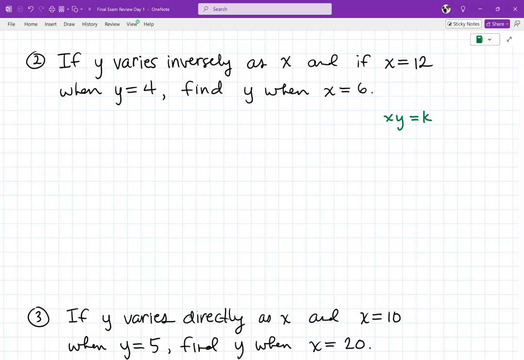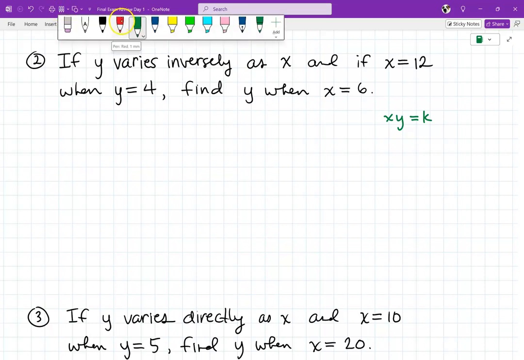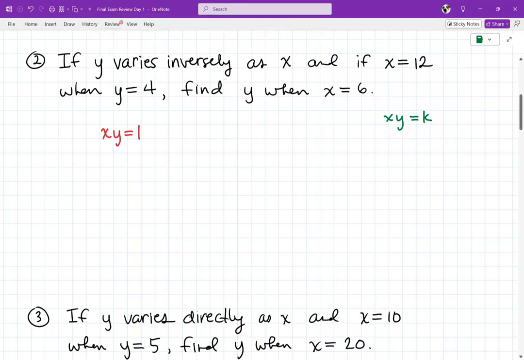That's inverse variation. Okay? So when you're given inverse variation problems, you're supposed to write it twice. You're going to write xy equals k, xy equals k.